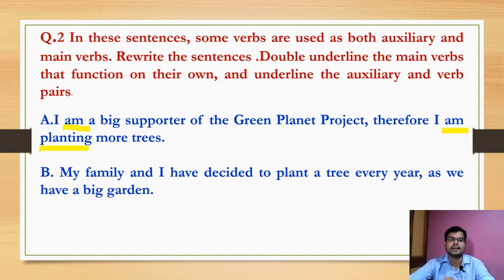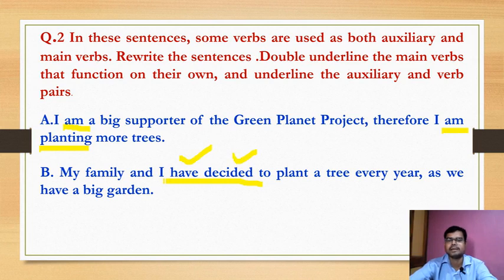Now let's check another example so it will make your work easier. My family and I have decided to plant a tree every year, as we have a big garden. You can see here, have decided. This is the auxiliary verb and this is the main verb.